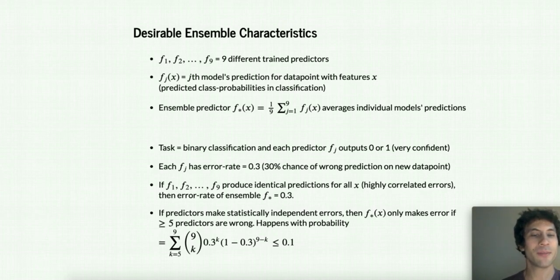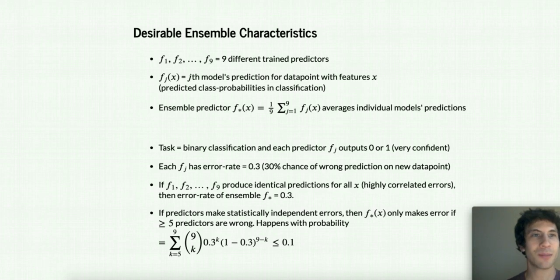However, now suppose our predictors make statistically independent errors. That is, they tend to make different kinds of errors on different data points. Then the ensemble predictor, F star, will only make an error if at least 5 of the predictors are wrong. To calculate the probability that this happens, we can sum up the probability that 5 of the predictors are wrong, 6 of the predictors are wrong, all the way up to the probability that all 9 are wrong.